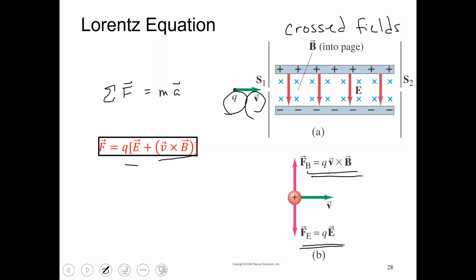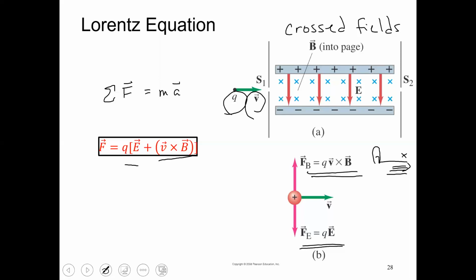And if it's a positive charge, it's going to feel a magnetic force upward from that magnetic field going into the page. Again, check your right-hand rule with this. Point your fingers in the direction that our charge is moving. Rotate your hand around so that your fingers will bend normally in the direction of our magnetic field, which is into the page.